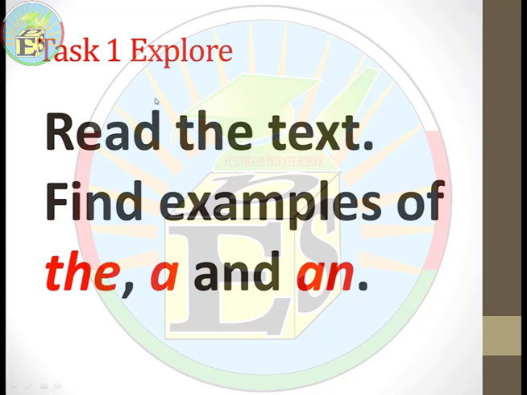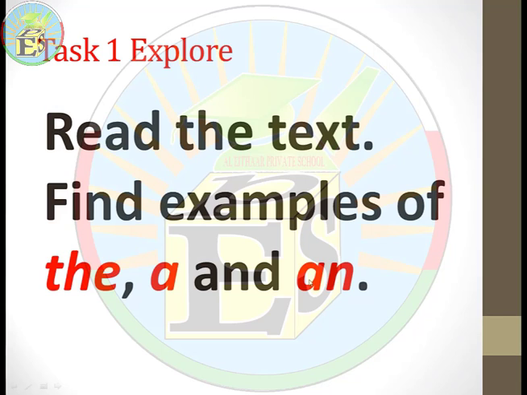I would like you to follow me line by line and try to find examples that include the articles the, a, and an. Alright? And as we said before, the rule for a and an, we use the article an with the nouns that start with the vowels.